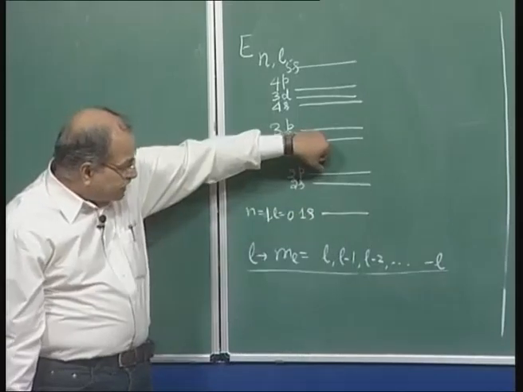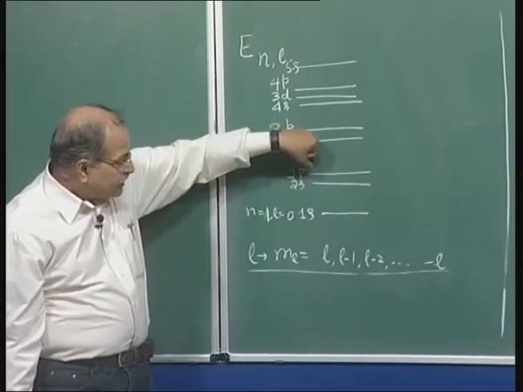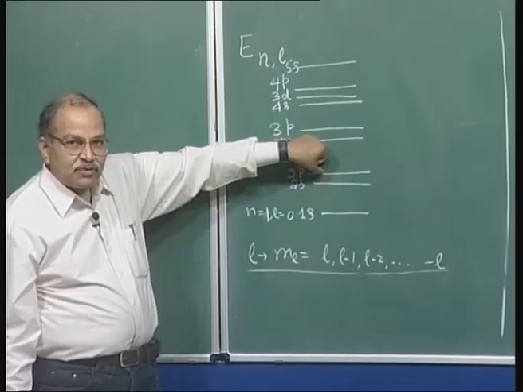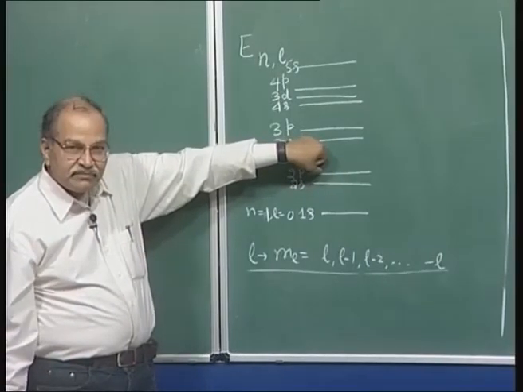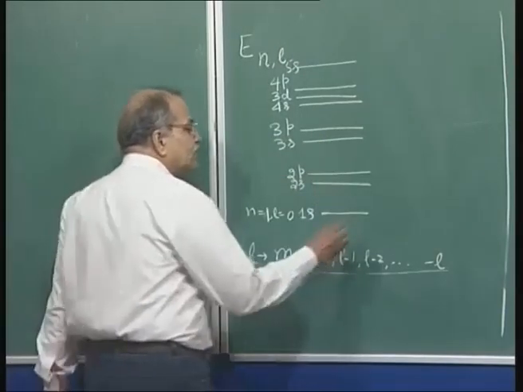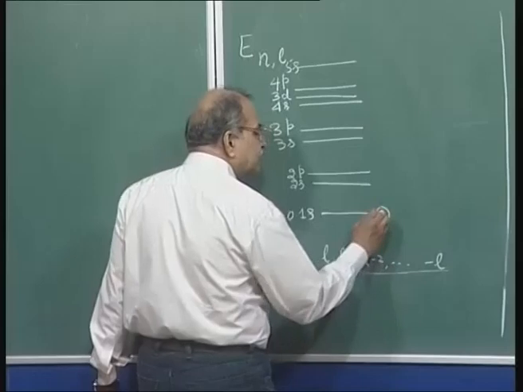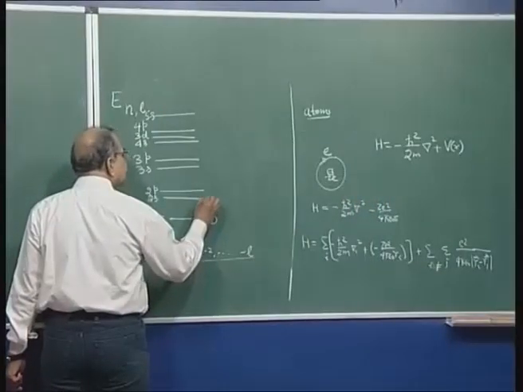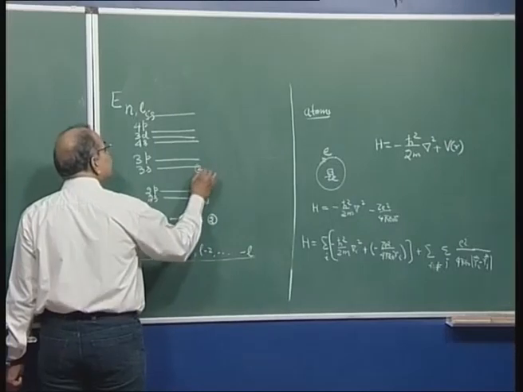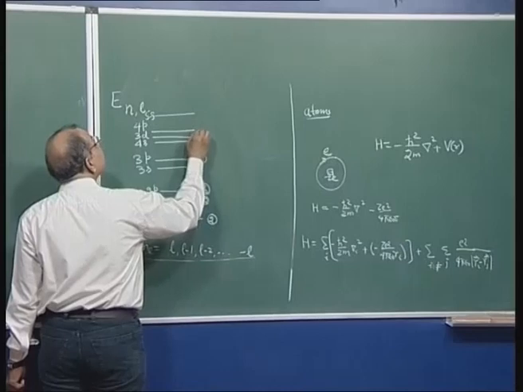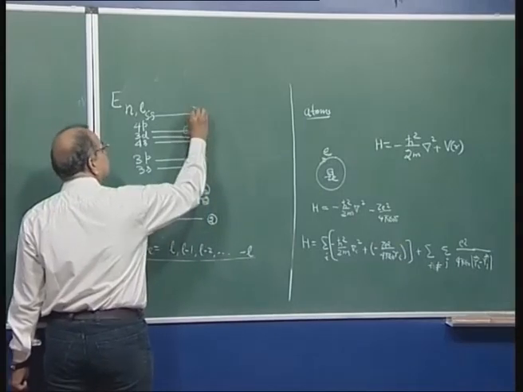Therefore, at the same energy, if L is equal to 1, then ML equal to plus 1, ML equal to minus 1, and ML equal to 0 will appear at the same energy, and then spin up and spin down. So the total number of quantum states will be 2 here, 2 here, 6 here, 2 here, 6 here, 2 here, 10 here, 6 here, and so on.